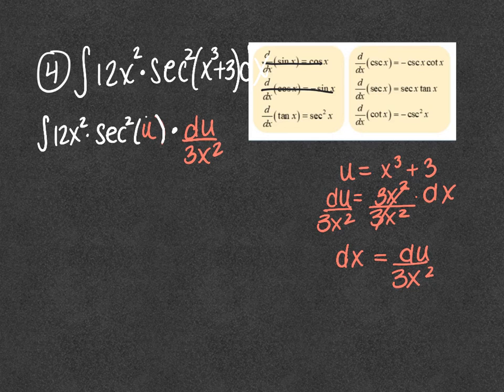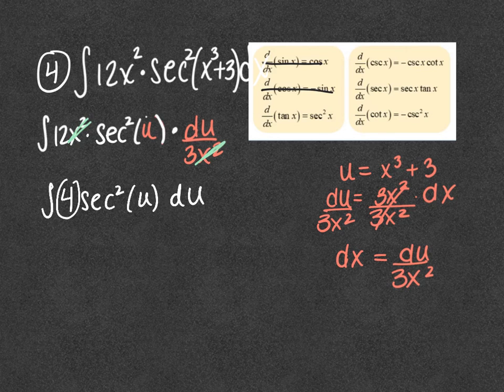So just as we did before, we can notice that this x squared and this x squared will cancel, and we can divide the 12 and 3. So when we do that, we get 4. So we want to integrate 4 secant squared of u du. Again, we could take out this 4 if we'd like. So 4 times the integral of secant squared of u du.